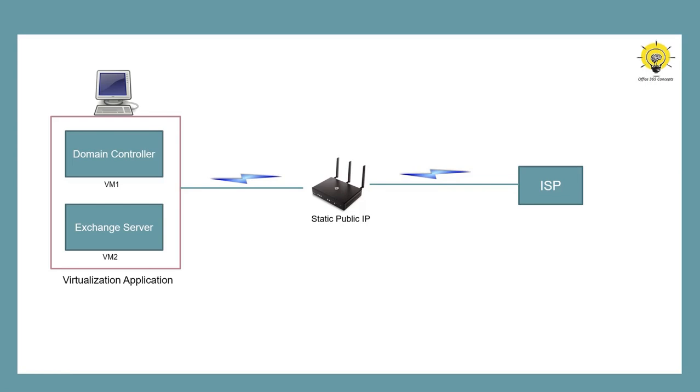So let's start today's session, that is, how to configure an Exchange server organization for external inbound and outbound email flow. If you want to send emails to the internet or receive emails from the internet, you need to meet certain prerequisites. First, you need to make sure that port 25 is open and your Exchange server can send and receive traffic from the internet on port 25.